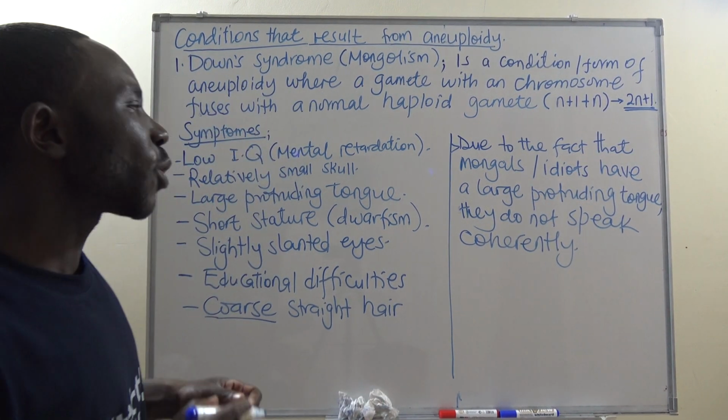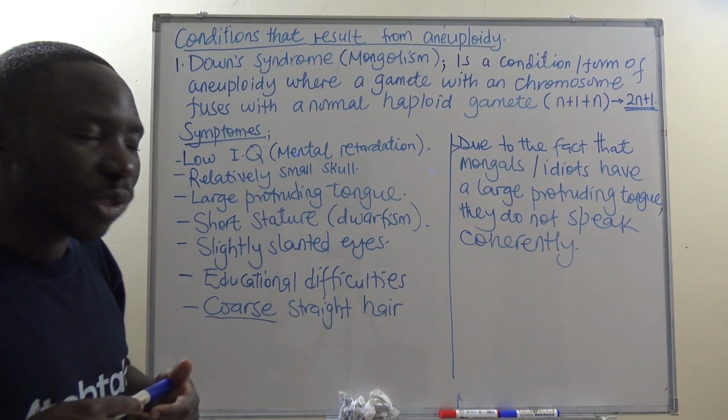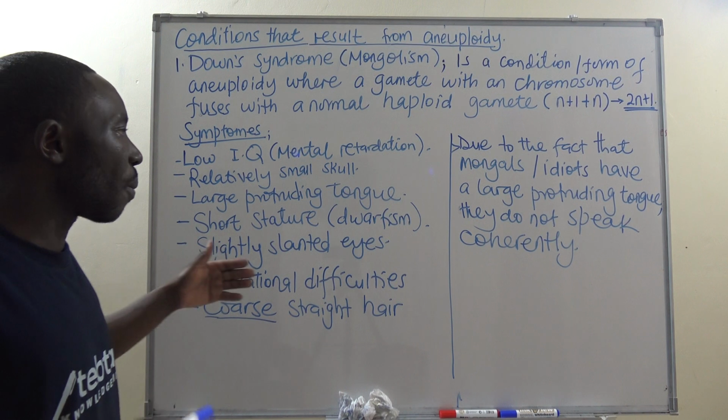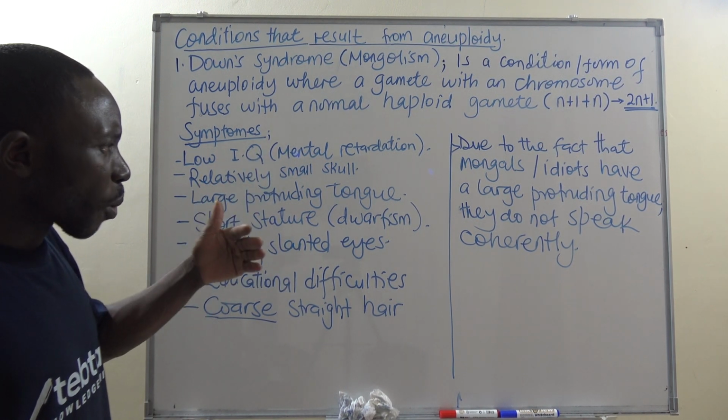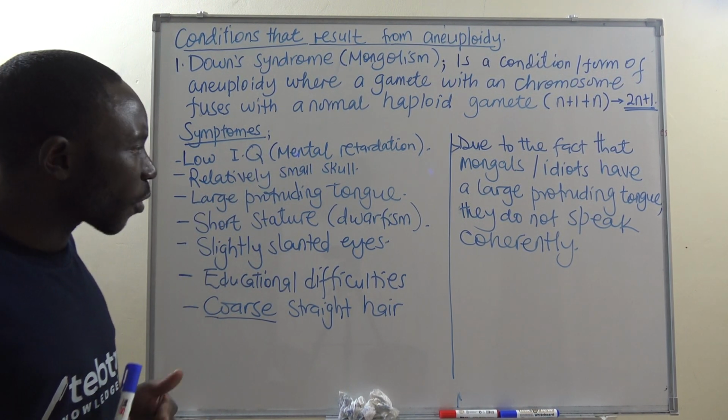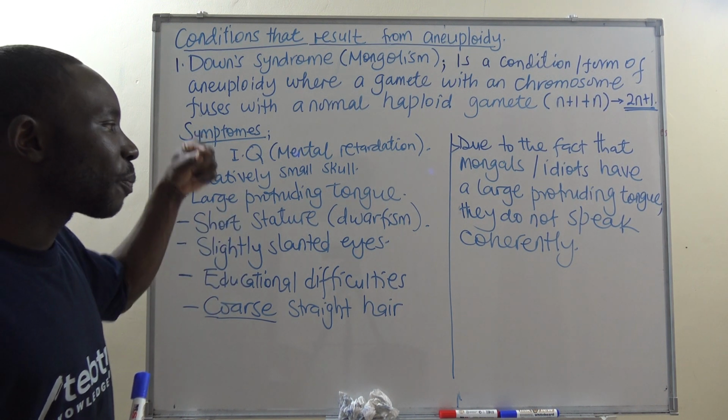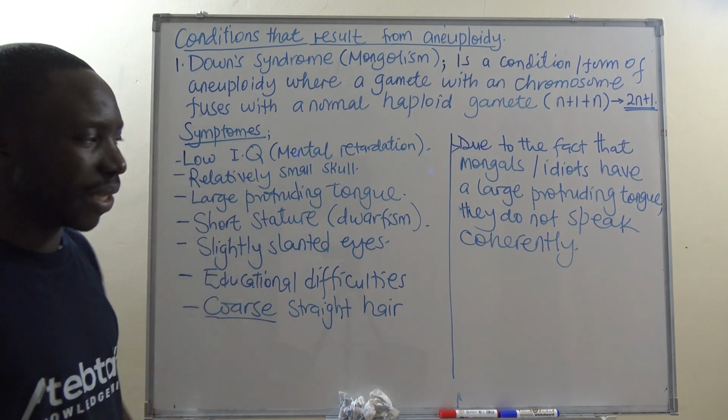So, because Mongols, or individuals with Down's syndrome, have a large protruding tongue in their mouth, they do not speak coherently.